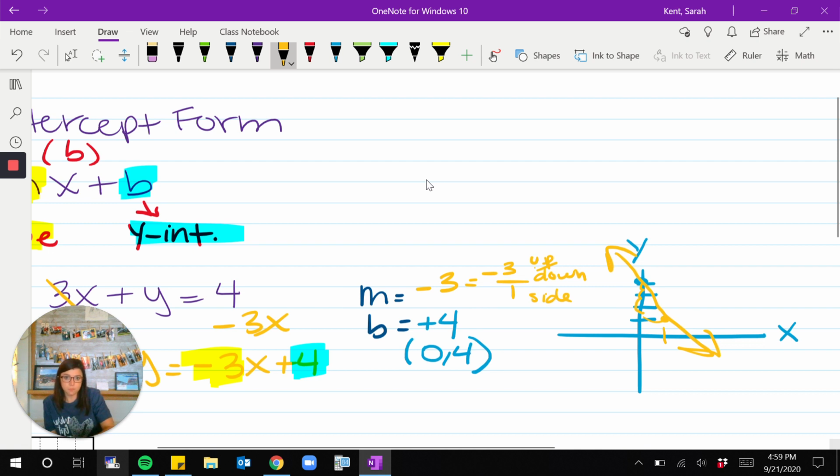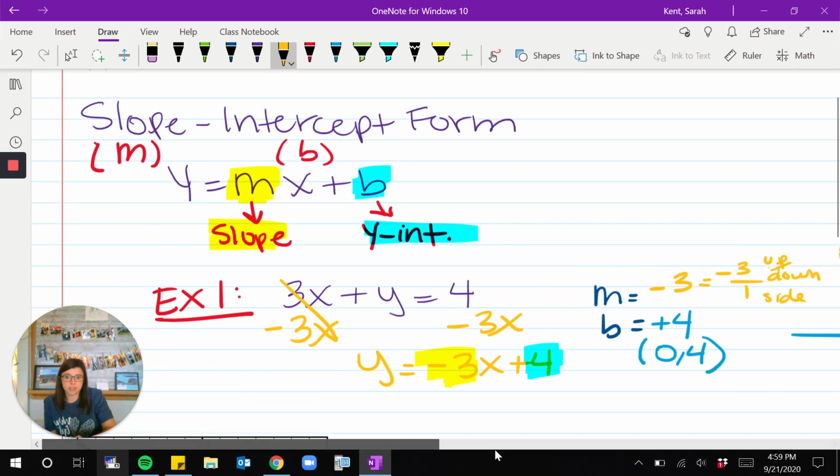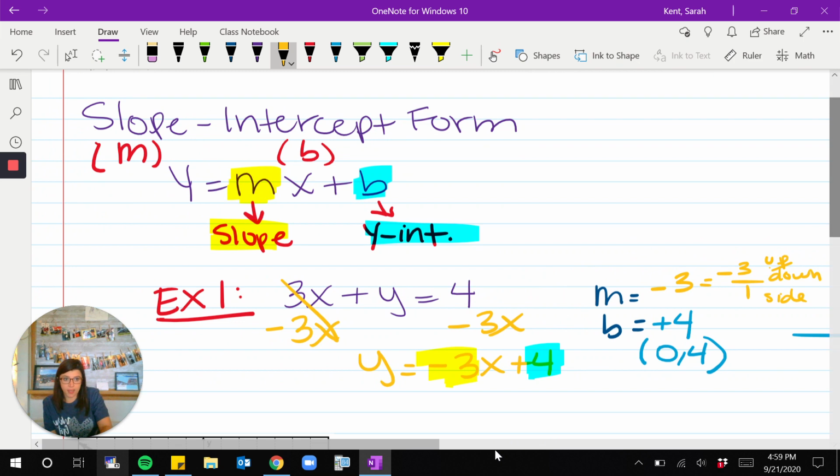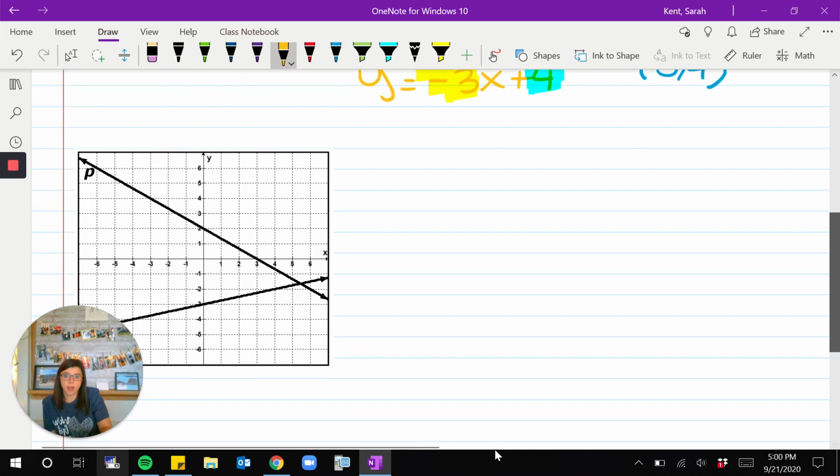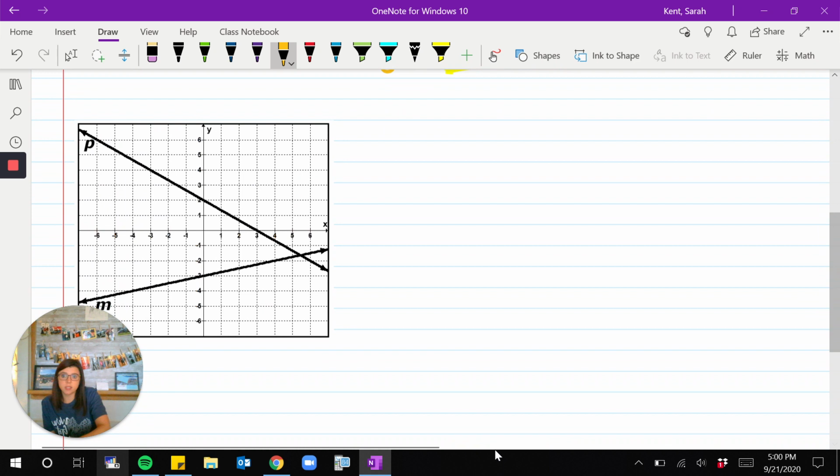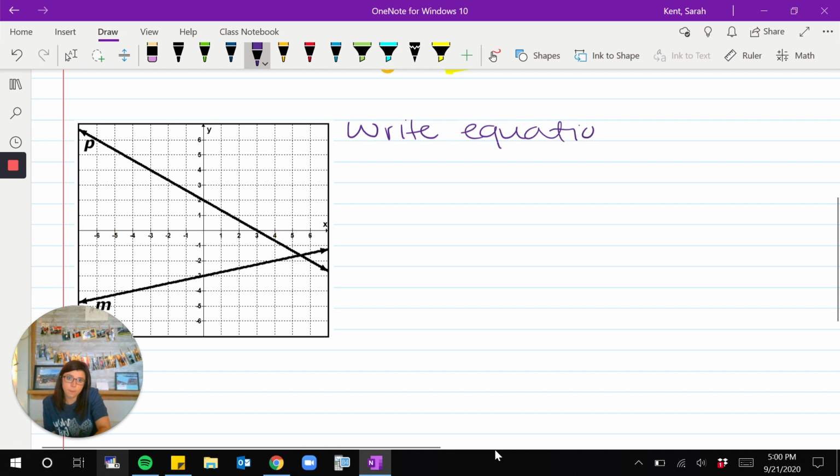Now we're going to look at an example where we're given a line and we need to find the equation. Here you can see we've got a graph. I need to write an equation for line P. Here's the P, so I'm looking at this line right here.